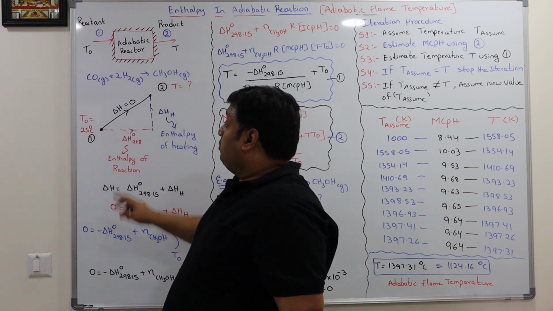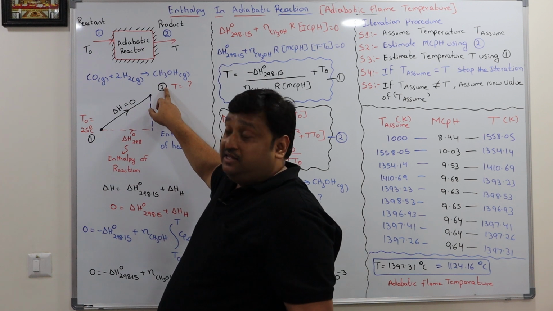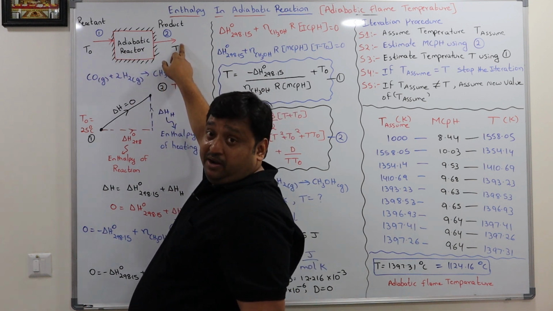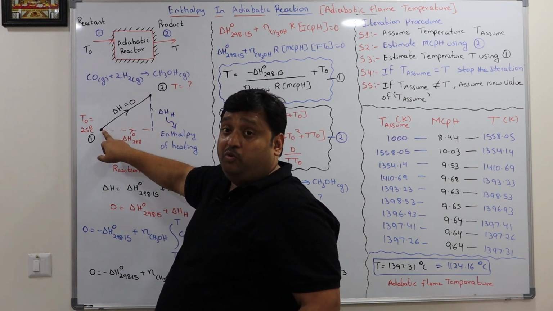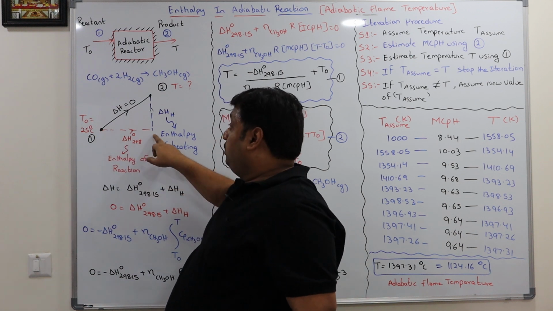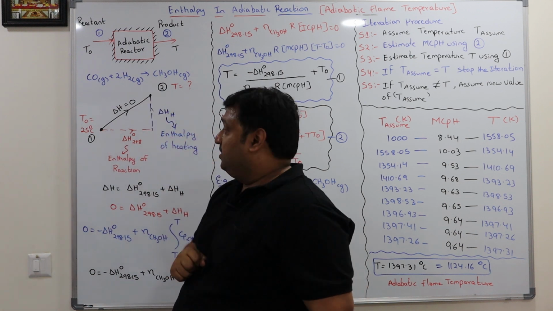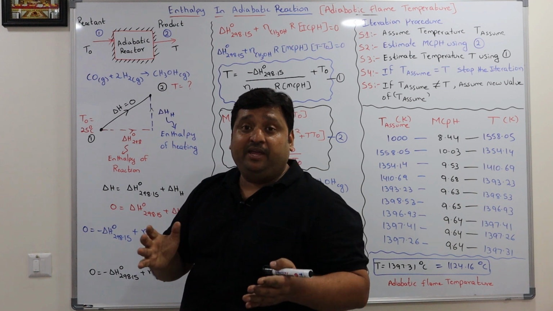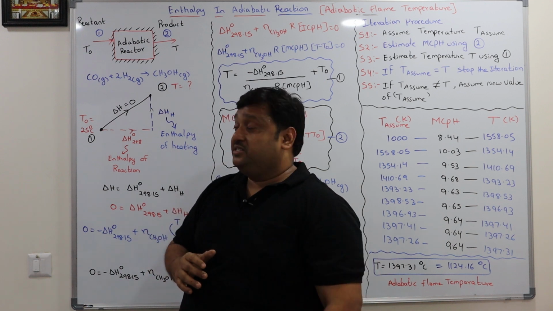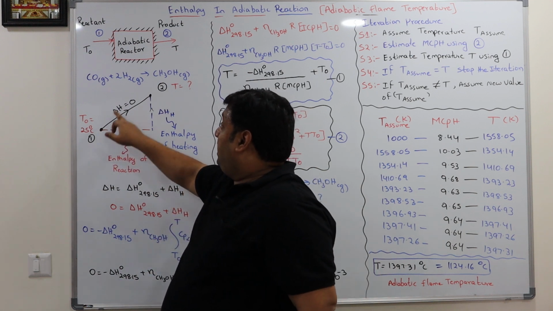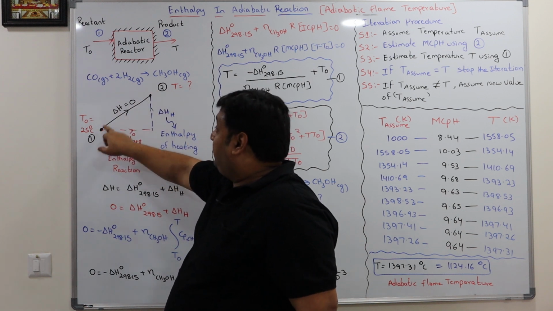So if you don't know the actual path in which the reaction happened, we can travel another route to find this temperature, because enthalpy is a state function. That means enthalpy depends on the initial state and the final state.